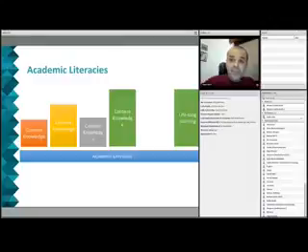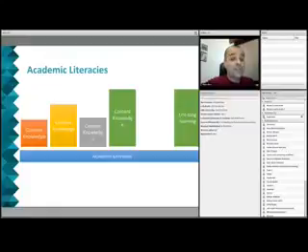But more than that, the skills that we develop when we develop academic literacies also support lifelong learning. When we talk about research, or academic literacies, or numeracy as a literacy, for example, we're talking about skills that not only support the development of students' content knowledge, but also support lifelong learning.